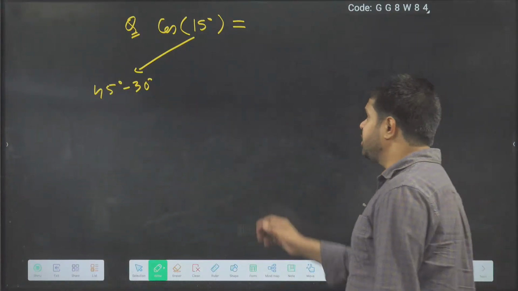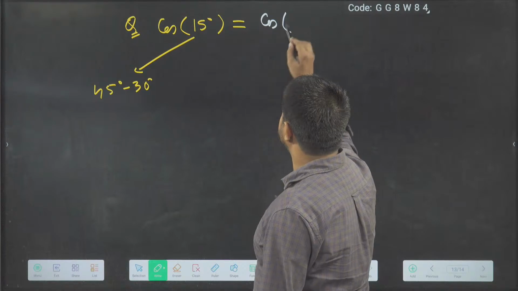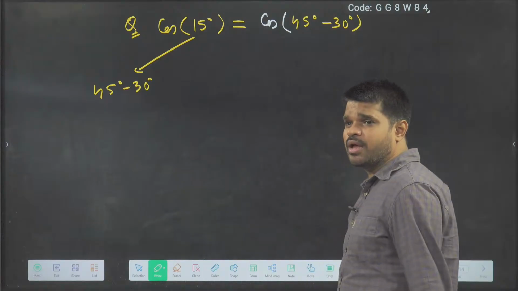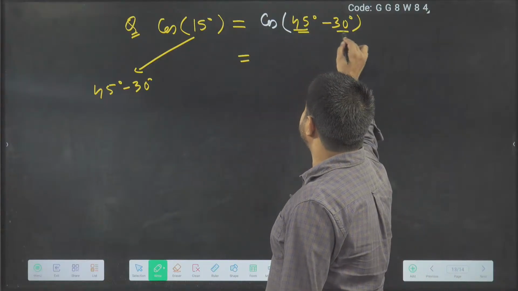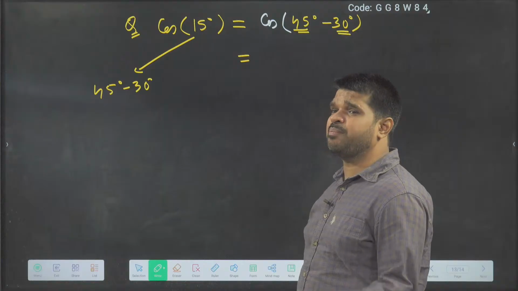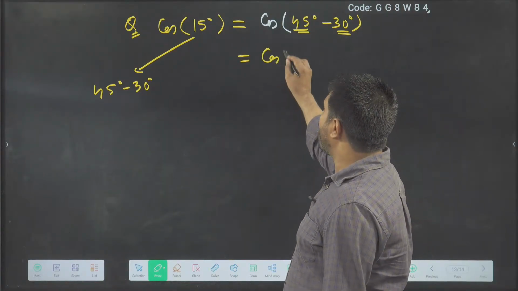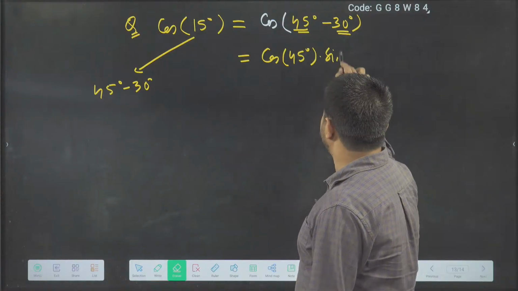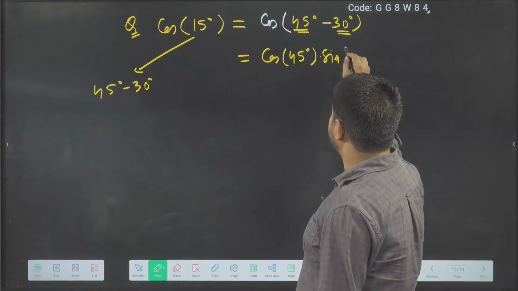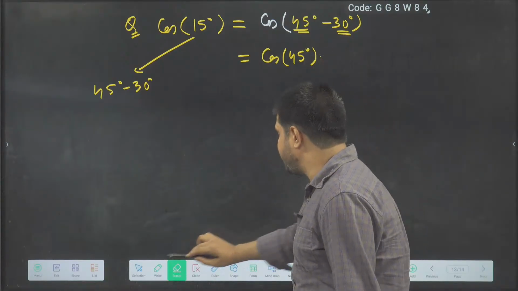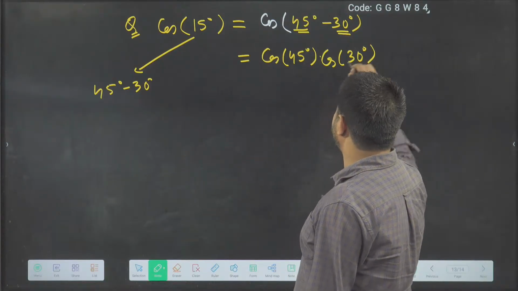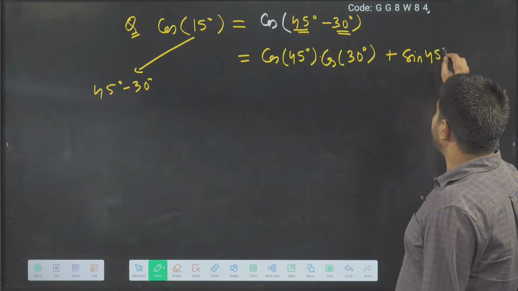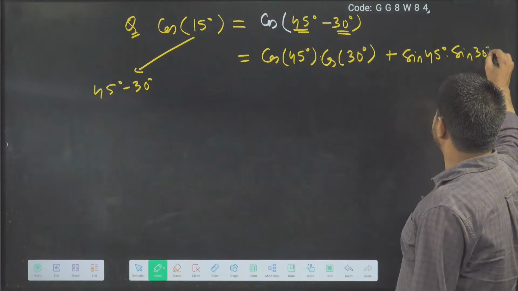Okay, so let's see. We can write it as cos 45 degree minus 30 degree. Now cos A minus B is cos A cos B plus sin A sin B. So cos 45 degree into cos 30 degree plus sin 45 degree into sin 30 degree.